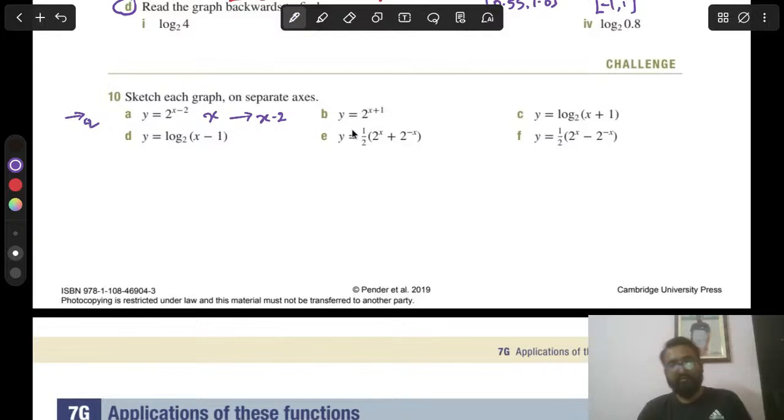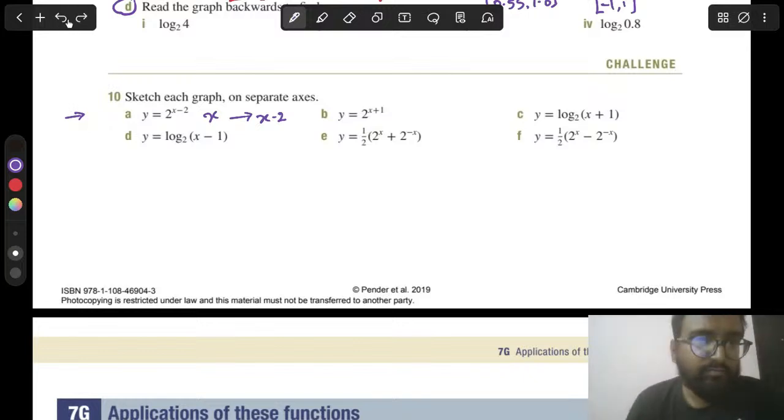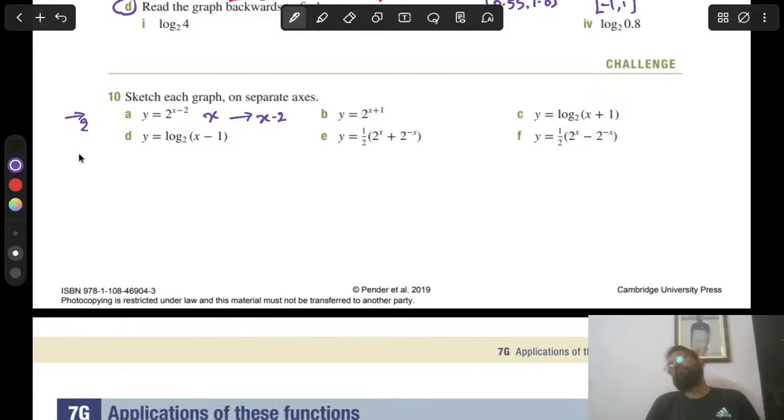What about this b? What about b? Moves to left 1 unit. What about c?